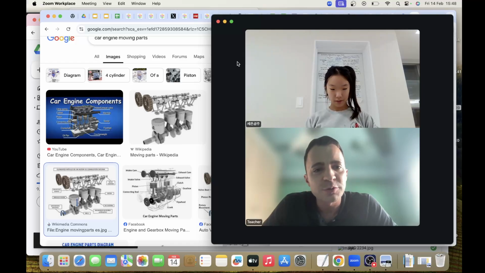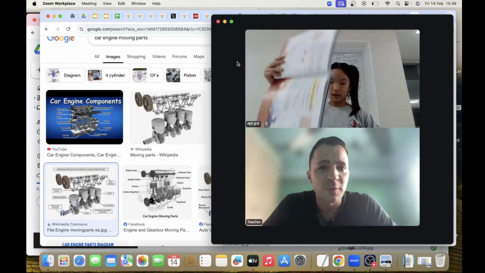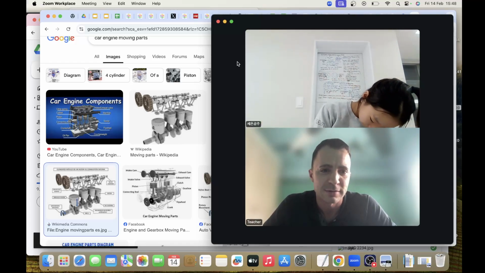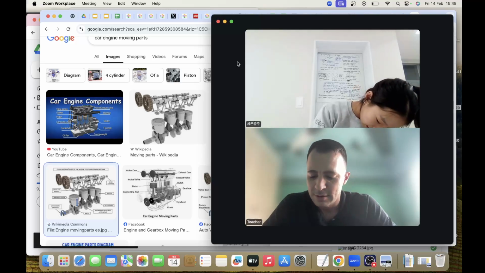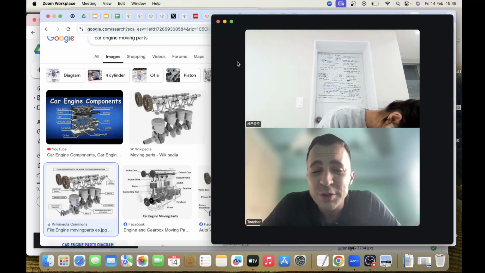The best way to remember this is weight is a force. Weight is a force, and mass is the kilograms. Okay, weight is a force.